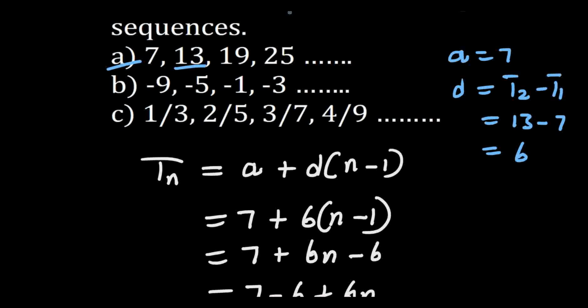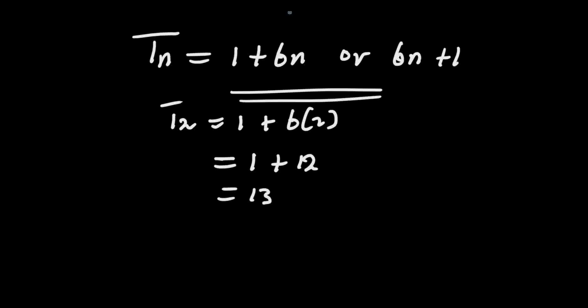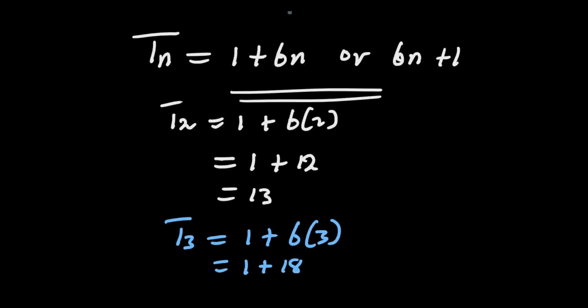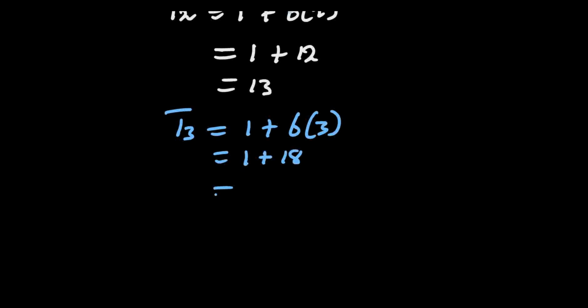If, for example, we want to check for the third term, which is 19, all you have to do is let n be 3. So T3 will be equal to 1 plus 6 times 3, which is 1 plus 18, which is equal to 19.